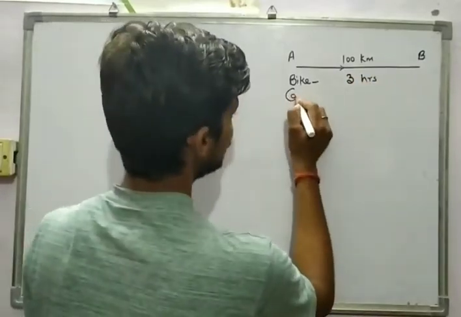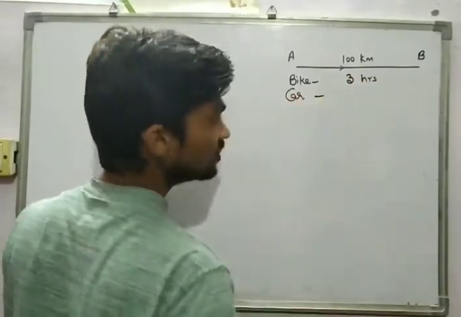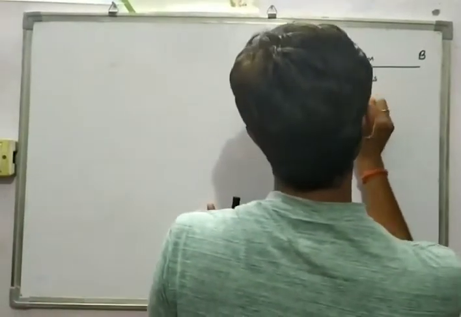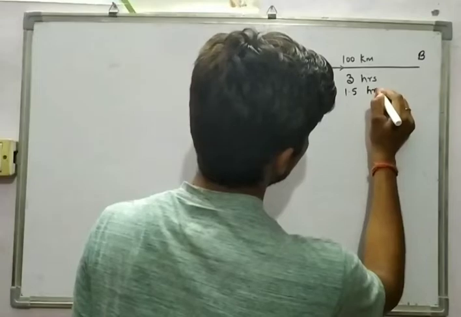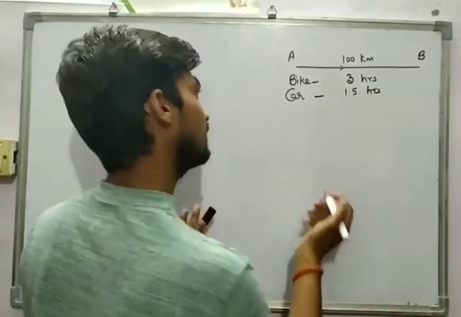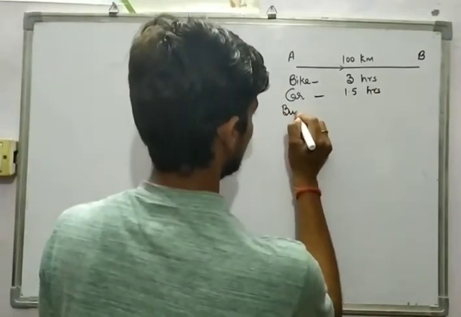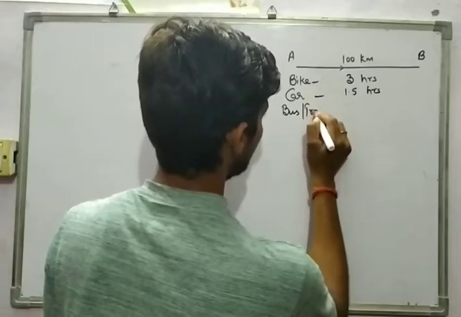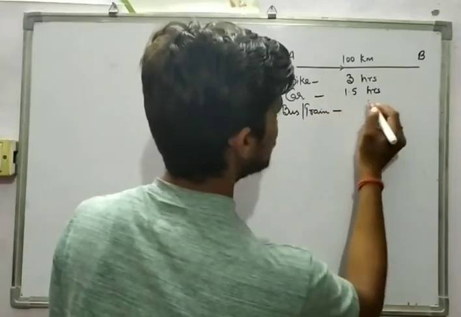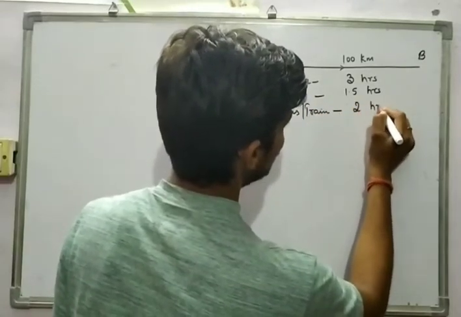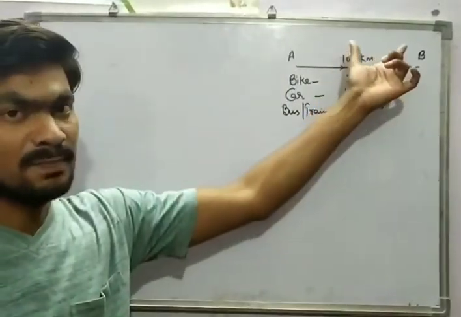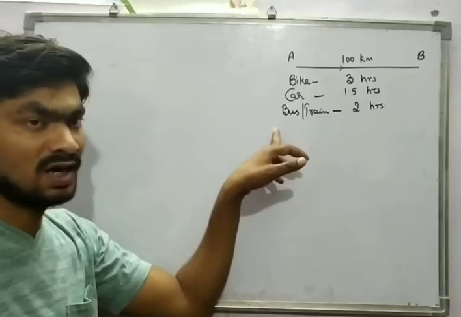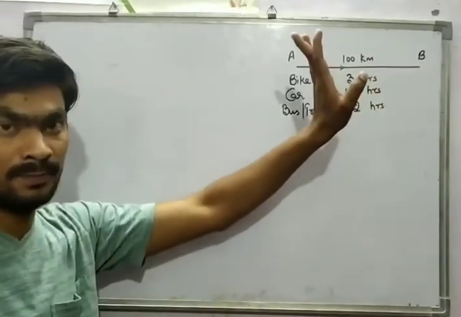By car he will take around 1.5 hours or 2 hours. By bus or train, approximately he may take 2 hours. So here you see the distance is the same, but different modes give different intervals of time.